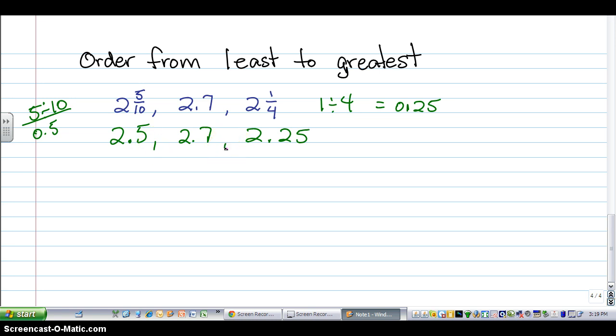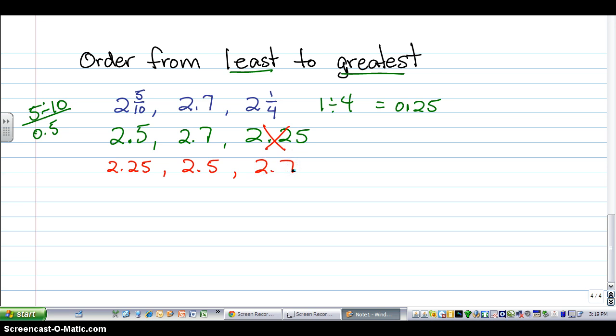Here are 3 rational numbers. We now have to put them from least to greatest. Now they all have the whole number of 2, so we have to go into the tenths column. And I've got a 5, a 7, and a 2. So there's my first one, 2.25. And now I've got a 5 and a 7. There's the next one, 2.5. And the last one is 2.7.